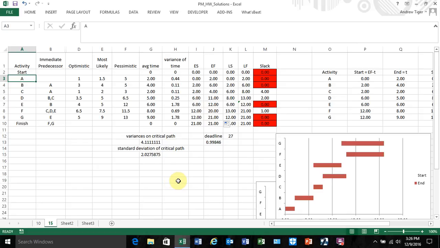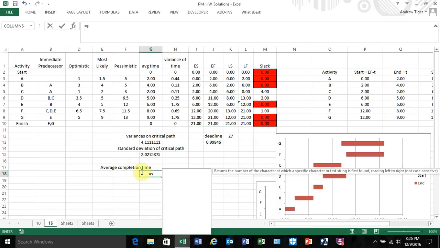Now the question is, what's the likelihood that you can meet a deadline of 27? First of all, we can calculate the average completion time, which is 21. You can calculate this by using a sum if.